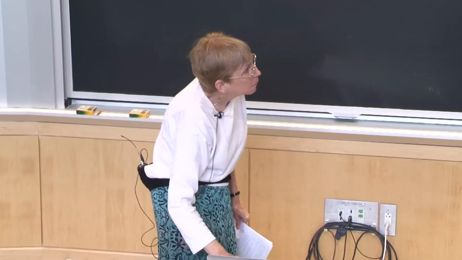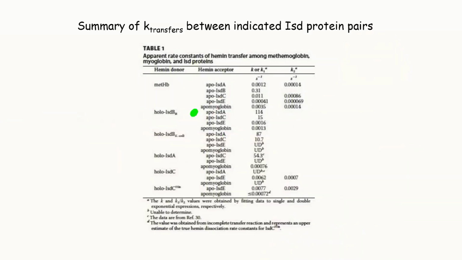Okay. So if you look, I'm not going to go through the whole thing, but if you look at the transfer from holo IsdB, so that's the second step. It got the heme out of the hemoglobin, and then you can look at the transfer to all the other proteins. You see that in this case, one is 114 per second.